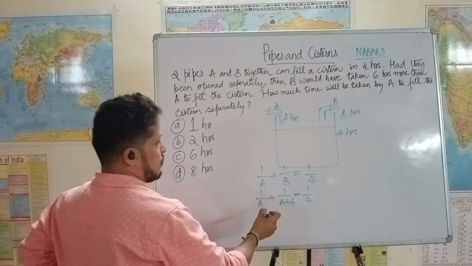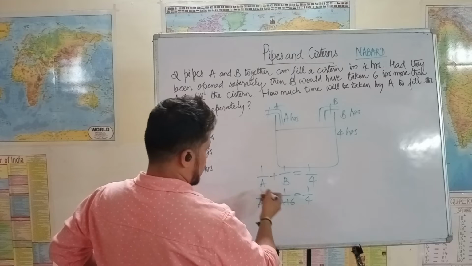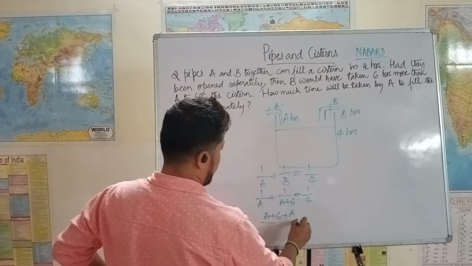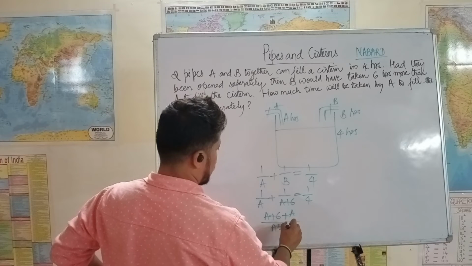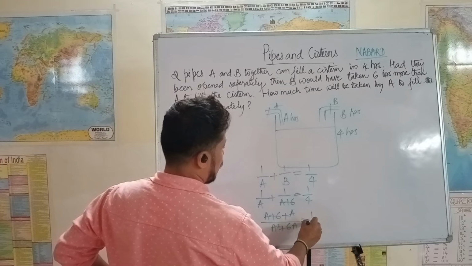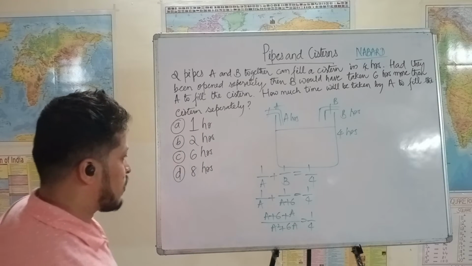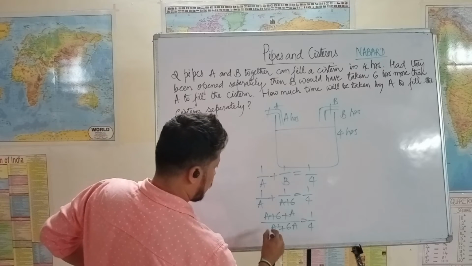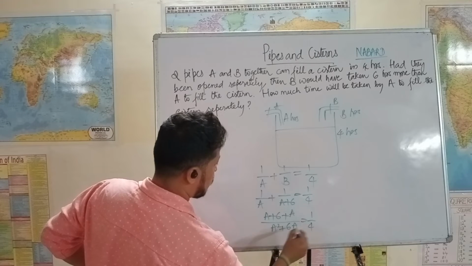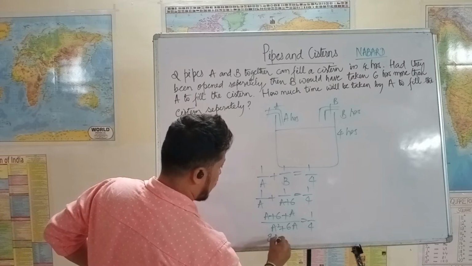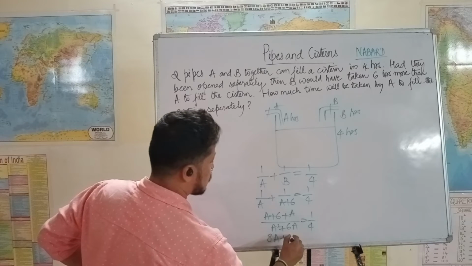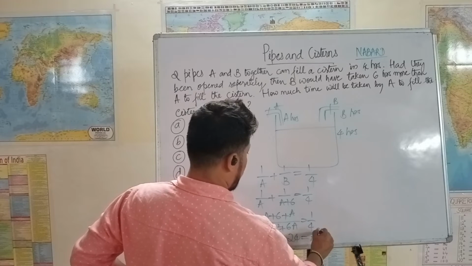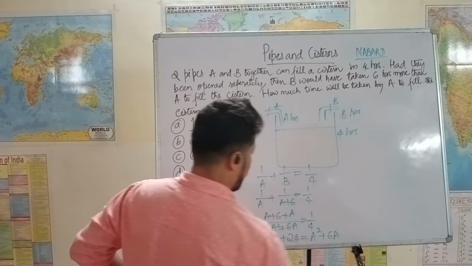Now let's cross multiply. A plus 6 plus A divided by A square plus 6A is equal to 1 by 4. If I take this on the numerator and bring this 4 to the left hand side, then it will be A plus A plus 6, that is 2A plus 6. 2A plus 6 multiplied with 4 is 8A plus 24, equal to A square plus 6A.